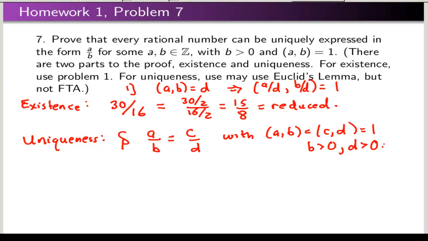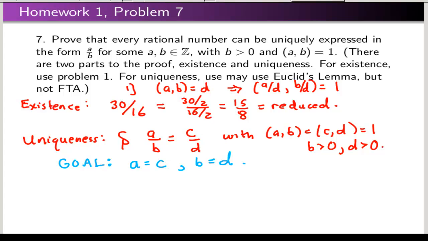And what's the goal? Uniqueness means that if this is true, then the tops have to match up and the bottoms have to match up. So there is only one reduced form.